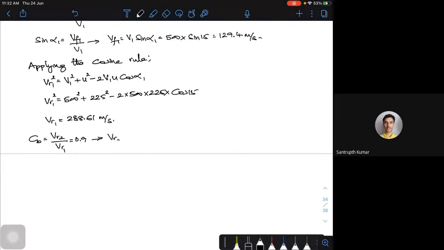Therefore, VR2 is equal to 0.9 times VR1, or 0.9 into 288.61. How much is it? 259.749, so I can write it as 259.75. So I got my VR1, I got my VR2.